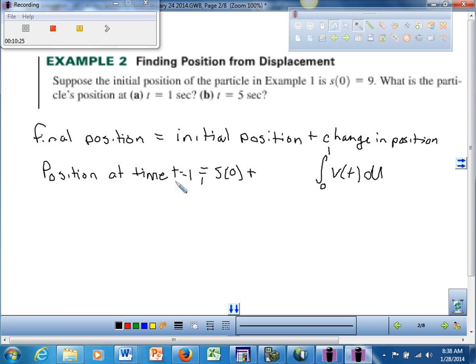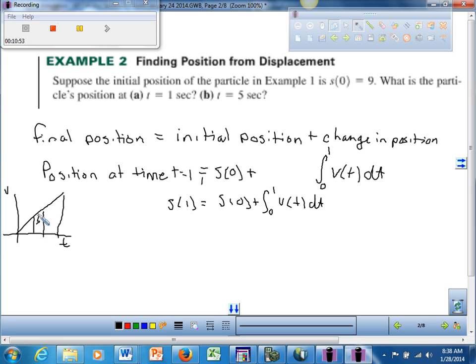So to get S of 1, we want to take our initial position, S of 0, plus the integral from 0 to 1 of d of t dt. So a little reminder over here. If I have a velocity curve versus time, area under that curve, if I were finding area of this little trapezoid, sum up all my trapezoids, velocity is something like meters per second, time is seconds.